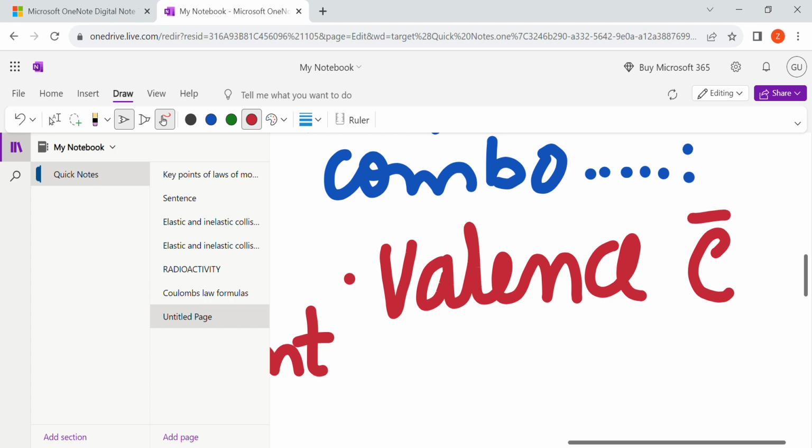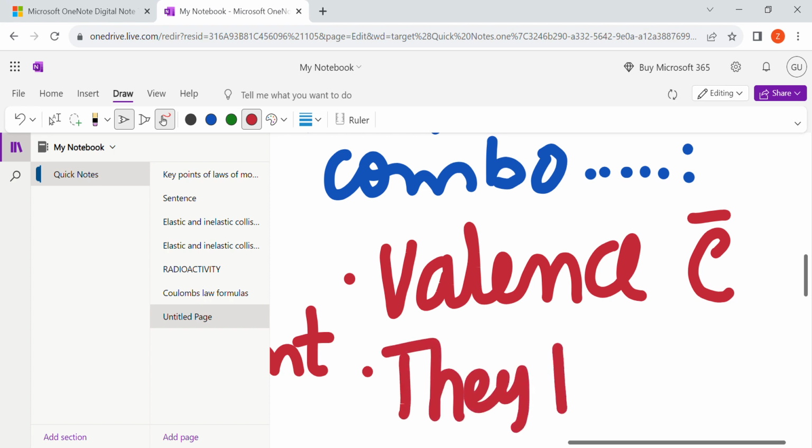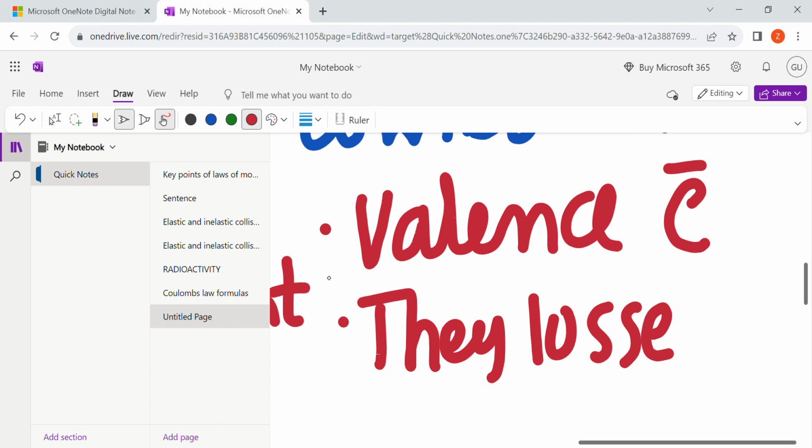Here they lose their property, whereas there, elements or atoms do not lose their properties.